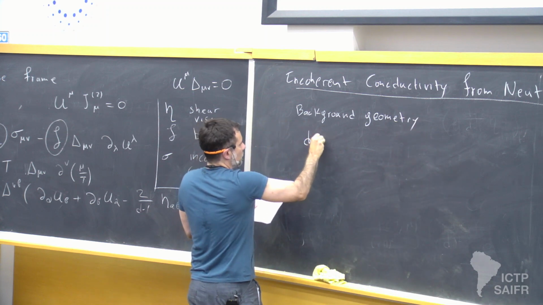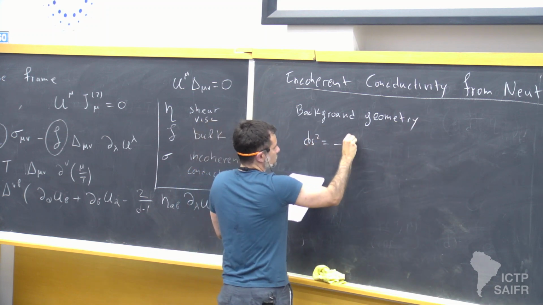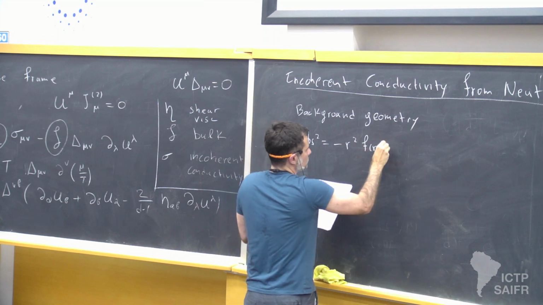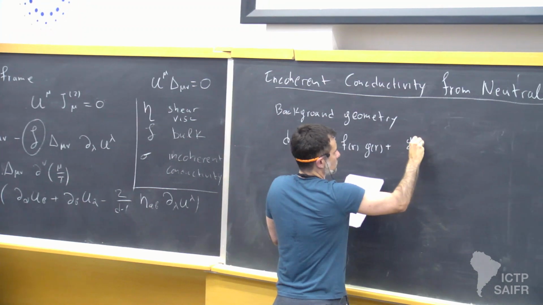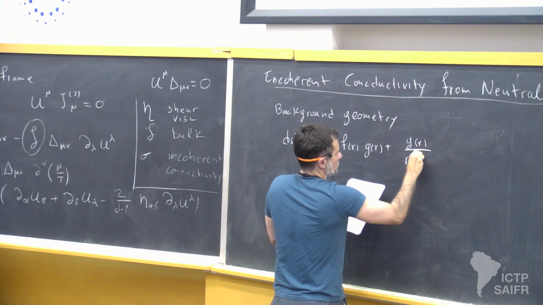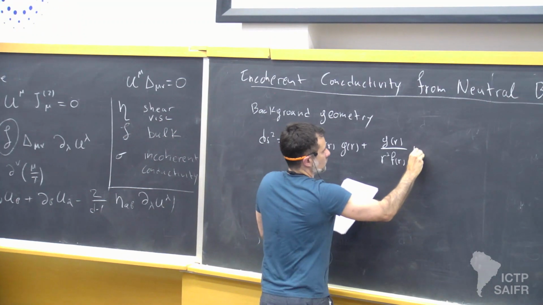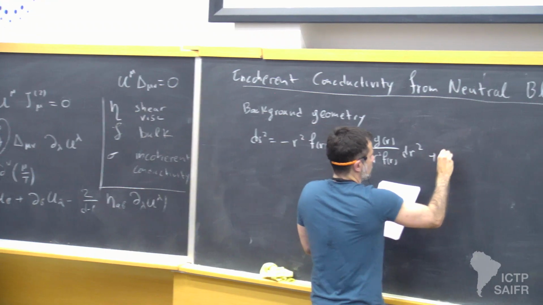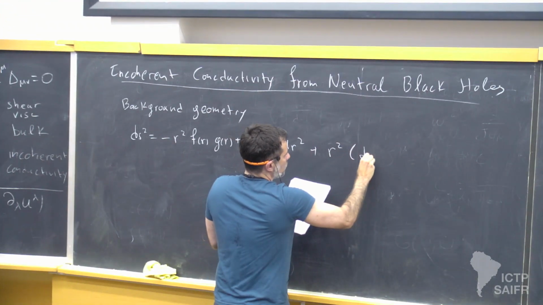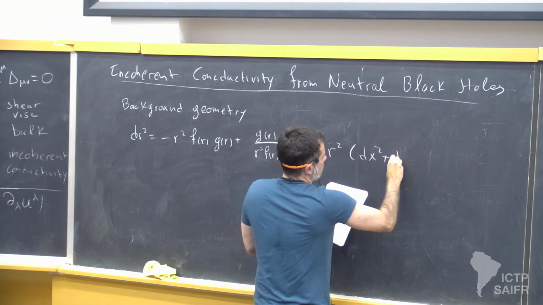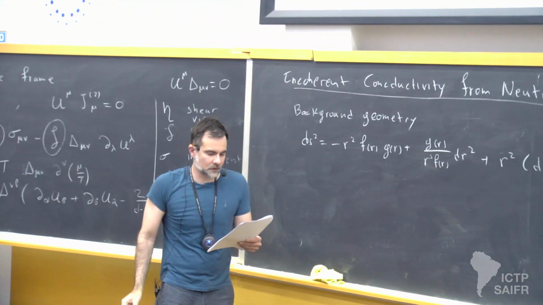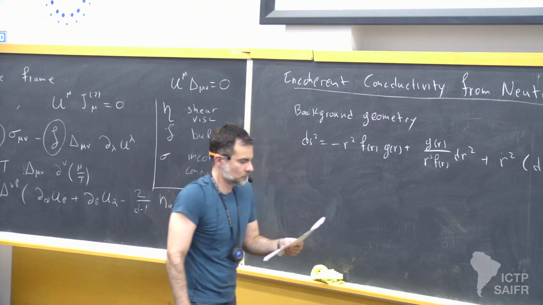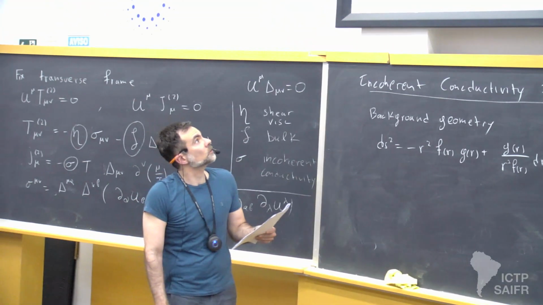So we have this metric. And let me focus, in the case of AdS4, on just 3 boundary directions, space-time directions.